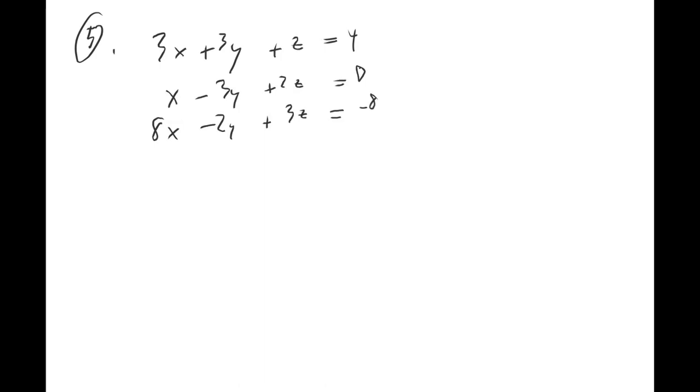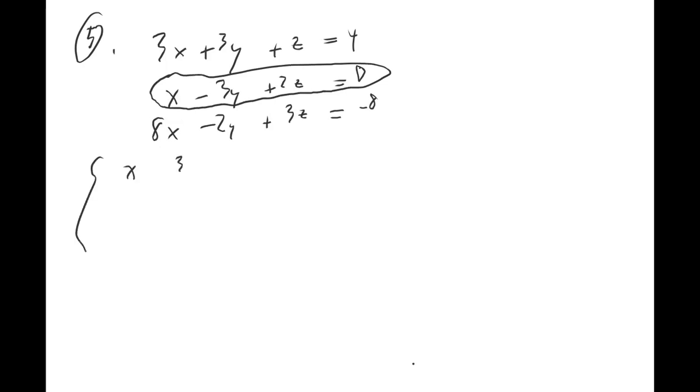So first of all, what we're going to do is put the simplest equation, which just has x alone with nothing in front of it, up at the top. So I'm going to write down x minus 3y plus 2z equals 0 up at the top.